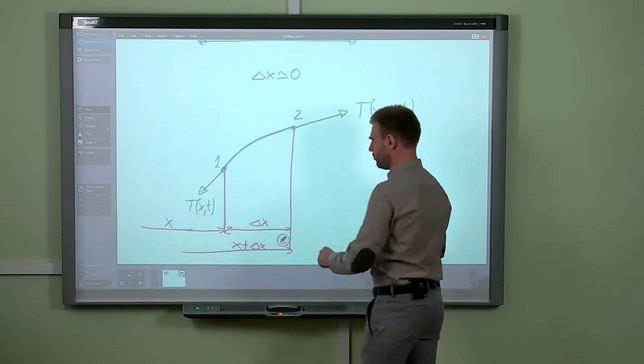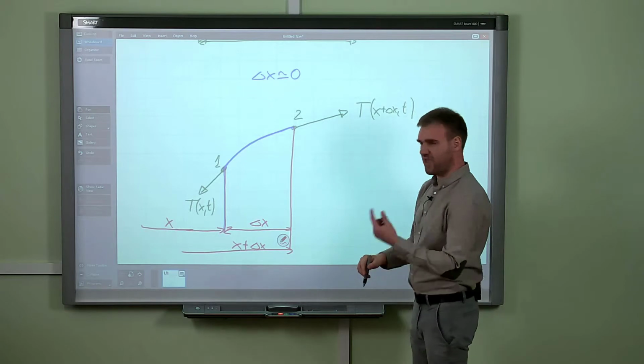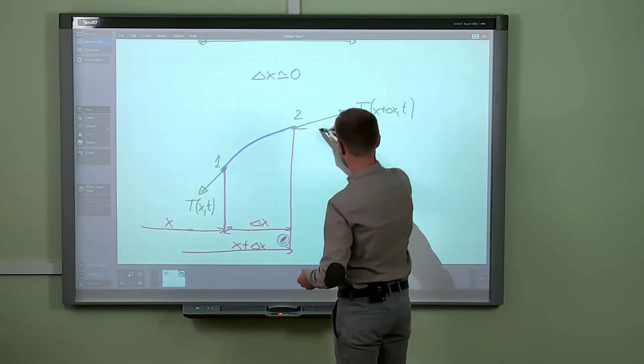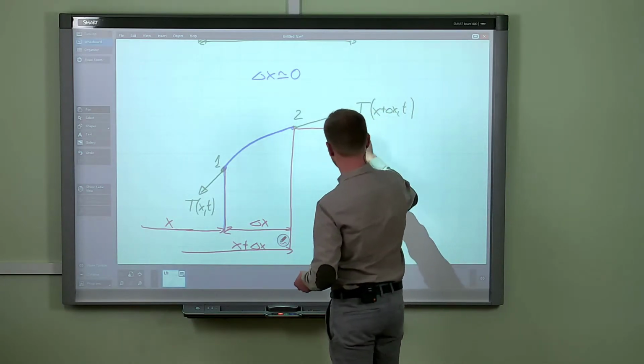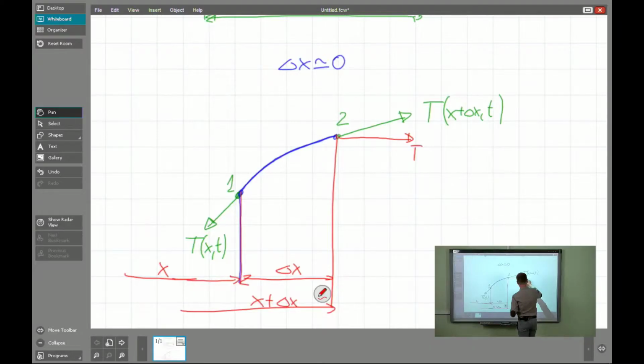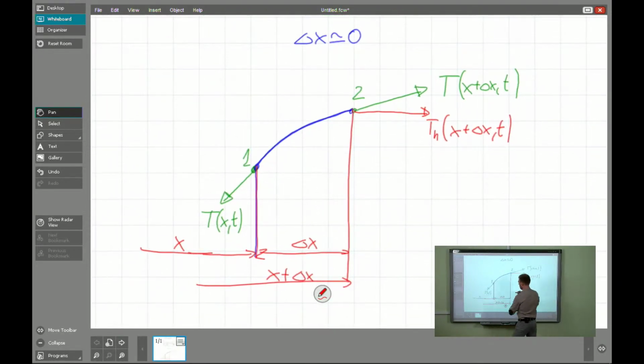Next we will introduce two forces. There will be the horizontal force, T_H, at the point x plus dx at time t, and the same situation here, T_H at x and t.